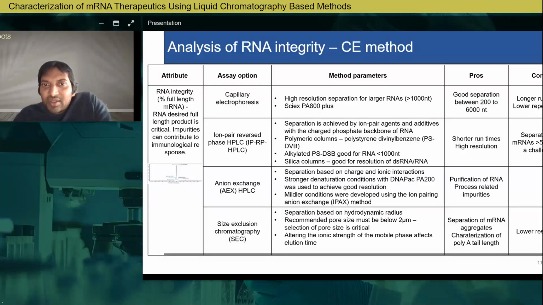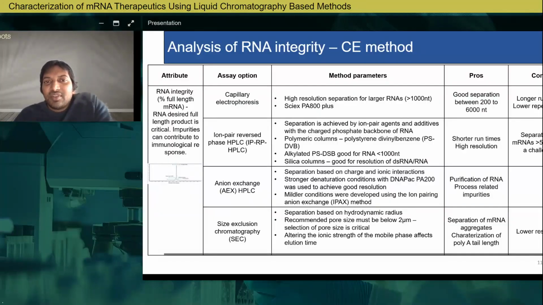So there's a possibility that these conditions can denature the RNA. Milder conditions have been applied with ion pairing anion exchange. We call it IPAX methods.